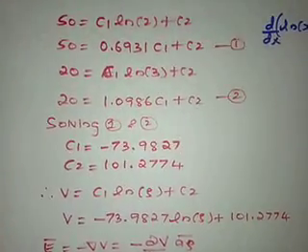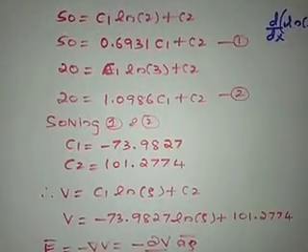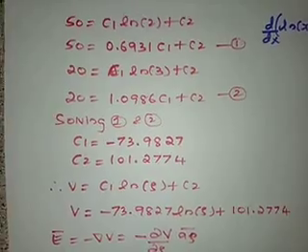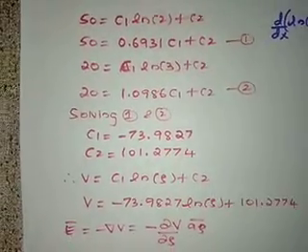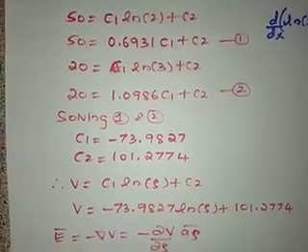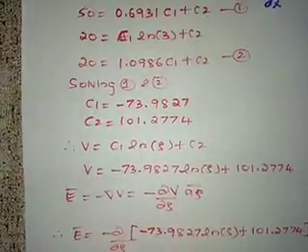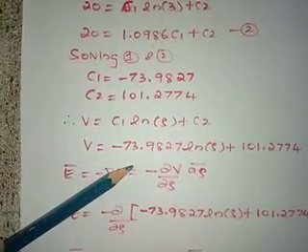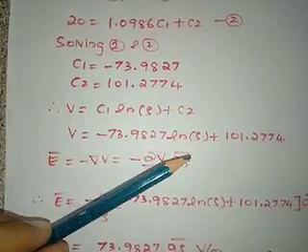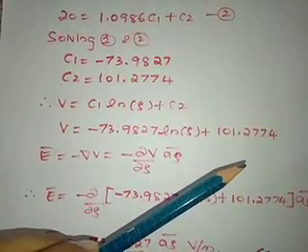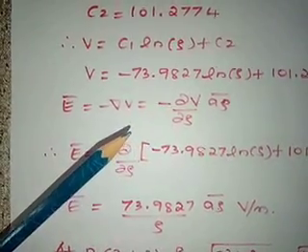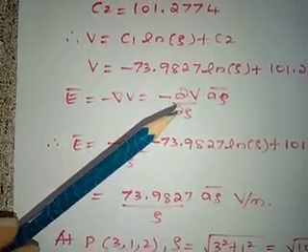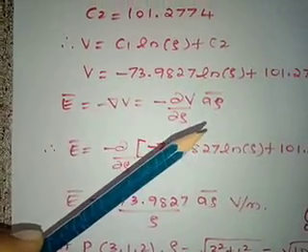Now substitute C1 and C2 in the equation for V. The equation we got after integrating two times is V is equal to C1 ln rho plus C2. Substituting, V is equal to minus 73.9827 ln rho plus 101.2774. E bar is equal to minus del V, an equation we are familiar with. Because V is a function of rho only, E bar is minus dou V by dou rho of A rho.